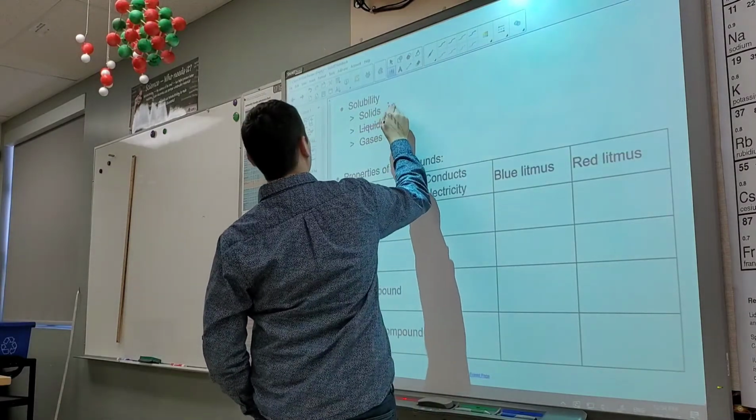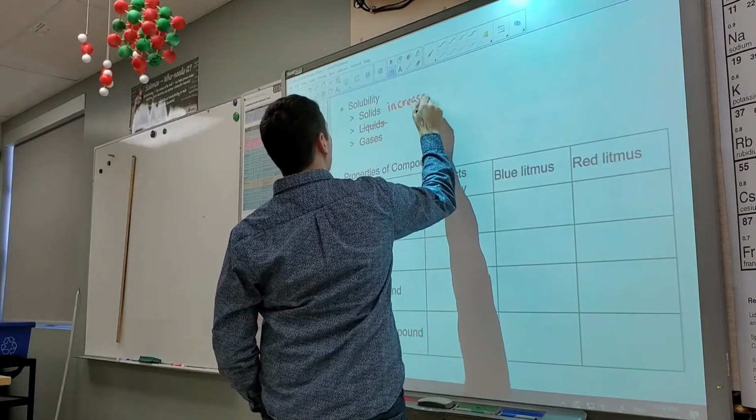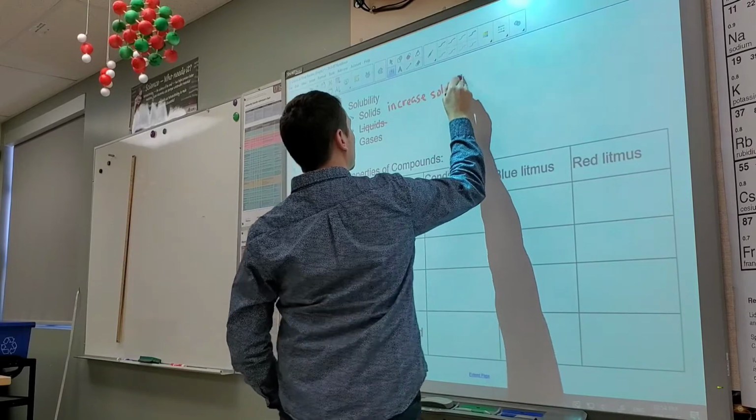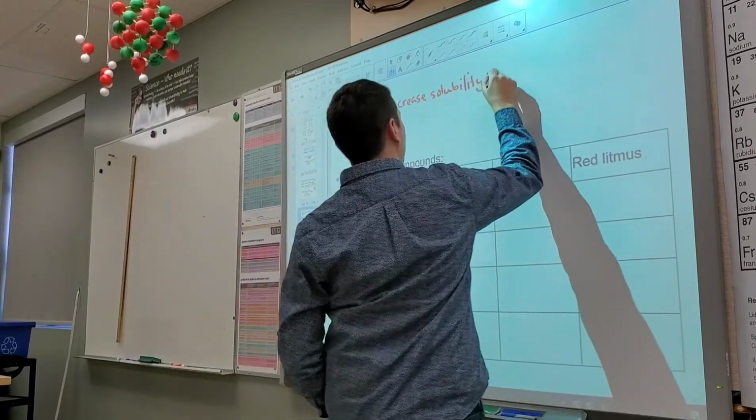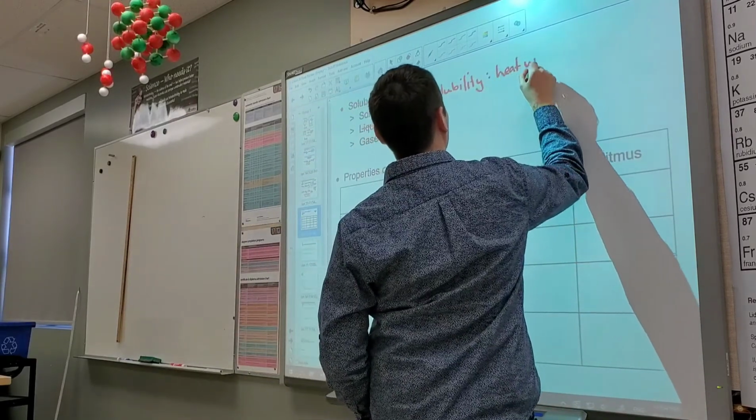So if you want to increase solubility, you just have to heat up the mixture.